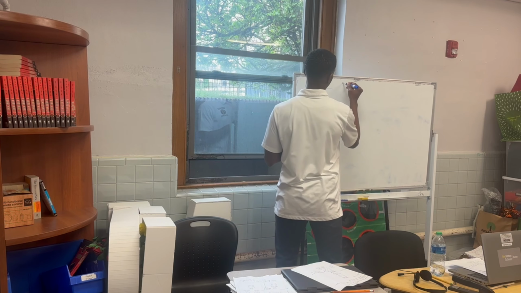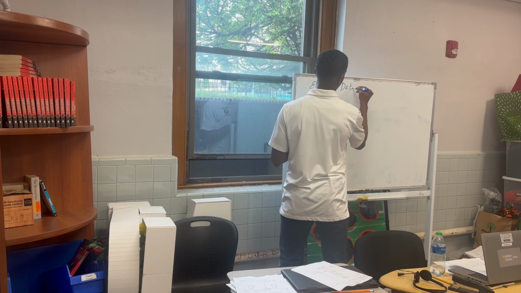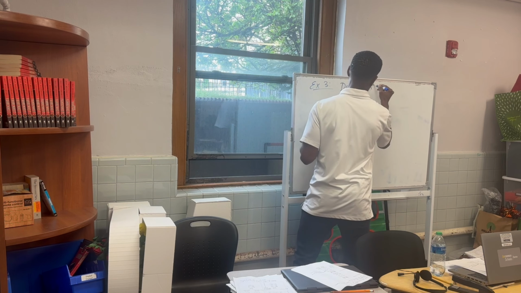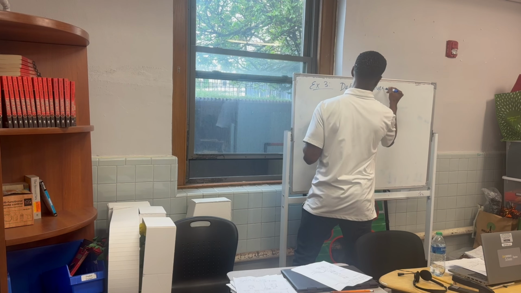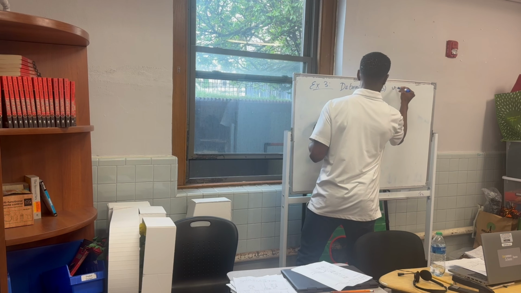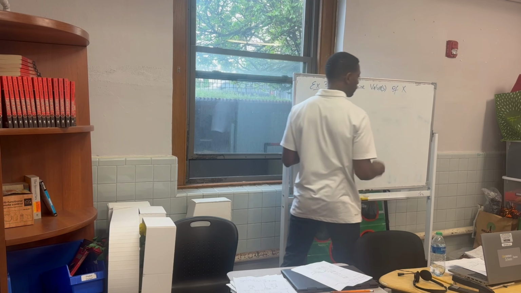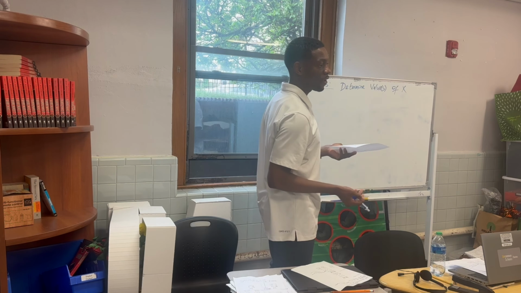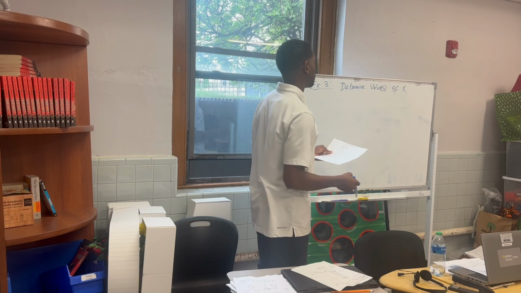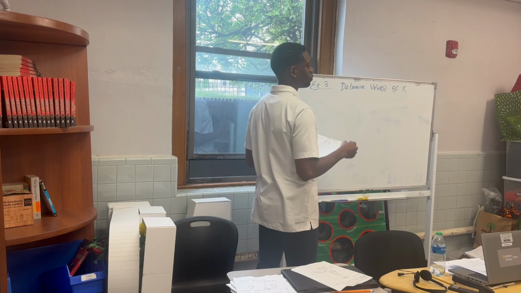It says we're trying to determine values, right? I like that word, determine. We're trying to determine values of x, meaning we're trying to figure out, to know for a fact. That's what determine means. We want to know for a fact about something, and this something is the value of x.